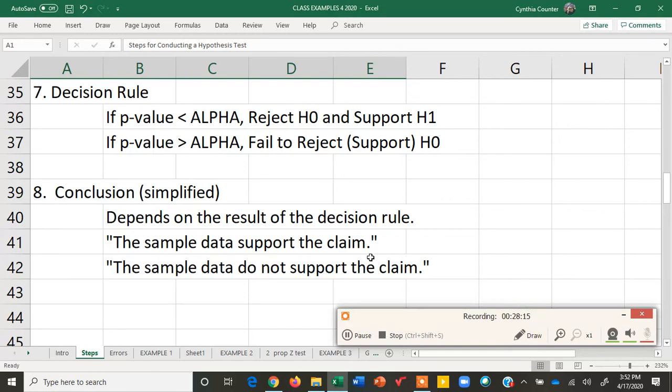And if you were turning this in for someone to read, like a report or a project for a boss, you would actually write out the whole sentence. The sample data support the claim that the proportion of college graduates who are smokers is less than 20%, or in our case, the sample data do not support the claim that the proportion of college graduates who are smokers is less than 20%.